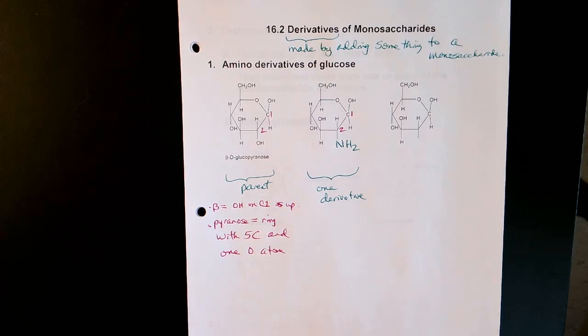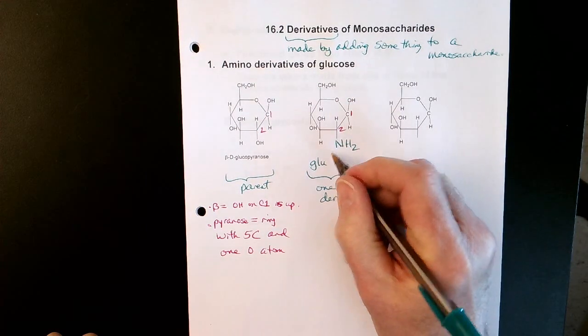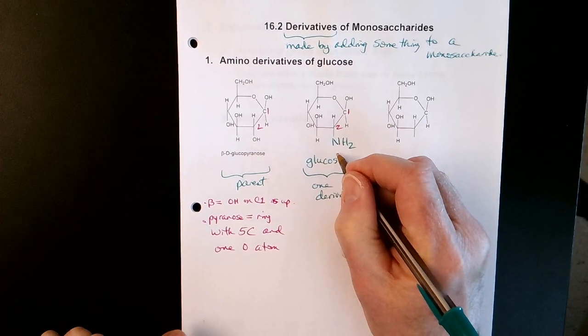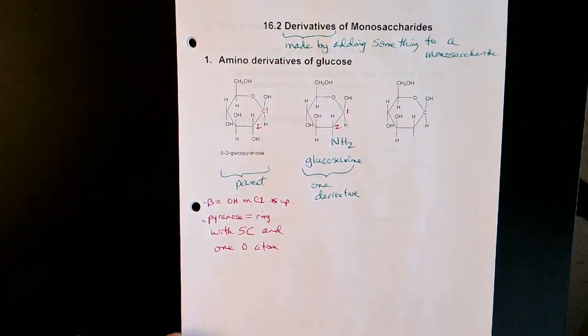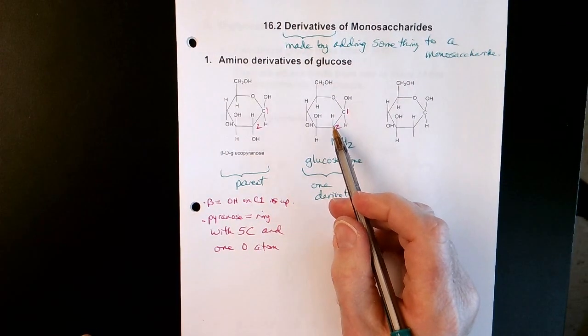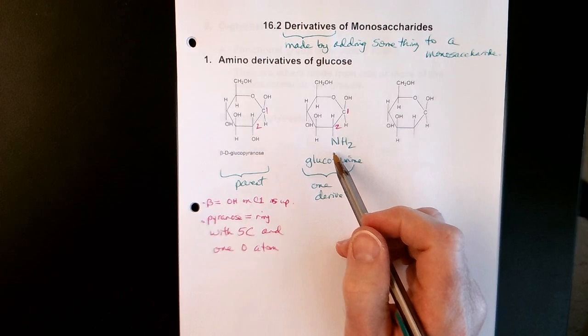I don't know what they think glucosamine does. Maybe some people really do benefit from it. But there's one example of a derivative, glucosamine, for obvious reasons. It's not just a simple monosaccharide anymore. It's something that started life with a parent monosaccharide and was transformed into something else.